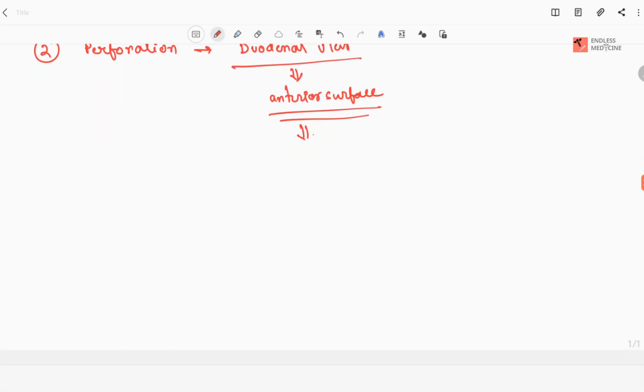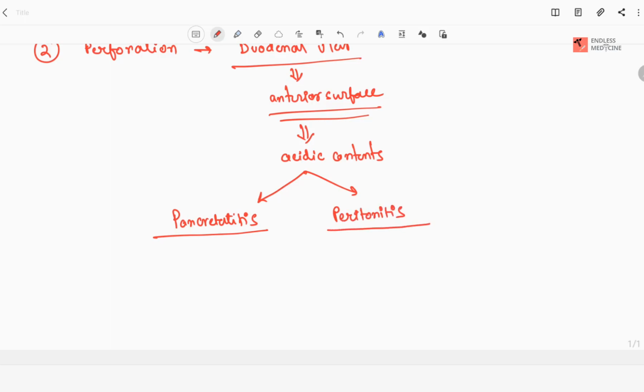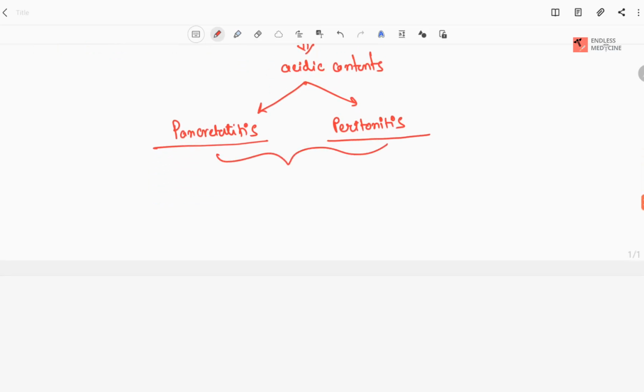It causes the release of acidic content, and it causes pancreatitis, that is inflammation of the pancreas, and peritonitis, inflammation of the peritoneal cavity. And these two itis, meaning inflammation, are associated with the most common complication resulting in mortality of the patient.